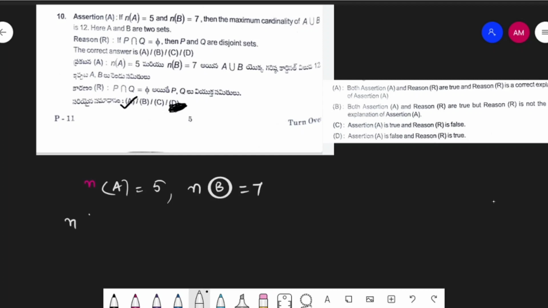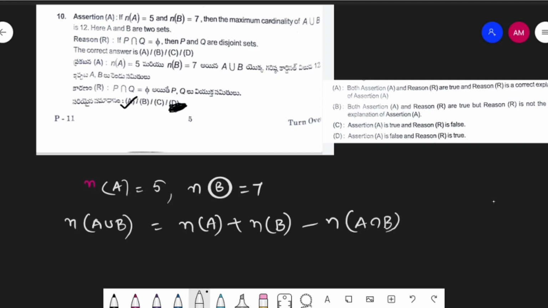We have one relation: N of A union B is equal to N of A plus N of B minus N of A intersection B. In order to have the maximum cardinality for A union B, we should not have this minus, isn't it? That means N of A intersection B should be equal to 0.